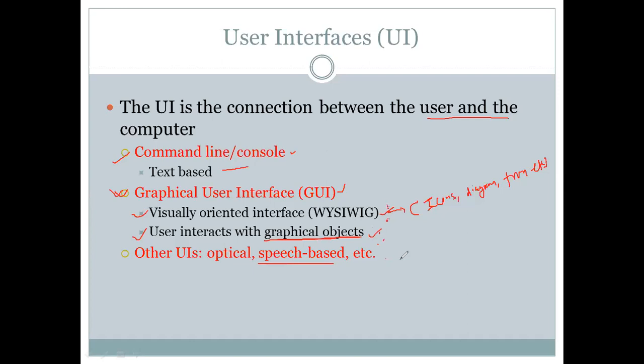Based on these commands, the commands will be input for the applications, and then it will give the output. So these are the different methods that can be used for user interface. Then a question may be asked like that: what do you mean by user interface, and what are the different methods that you have?